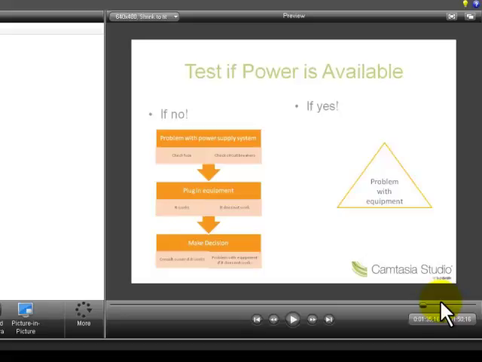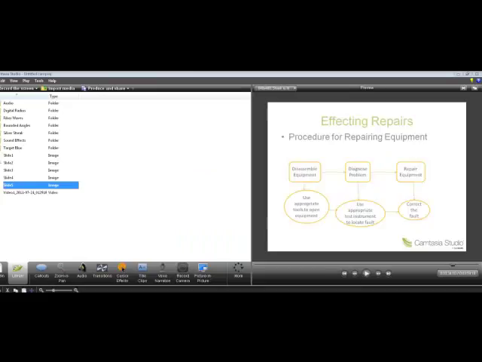If it does not work, it means that the problem is likely to be in the equipment itself, as can be seen if yes was your answer when you tested for power. The triangle will show that there is a problem associated with the equipment, and the equipment will need to be worked on to sort out the problem.